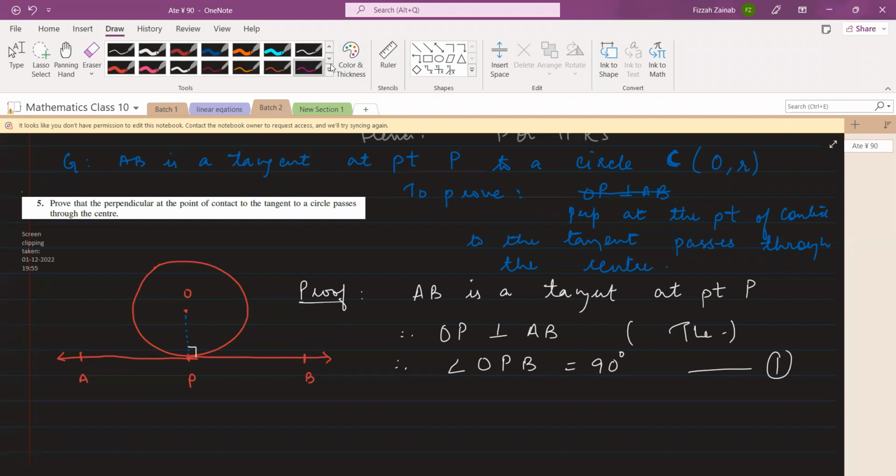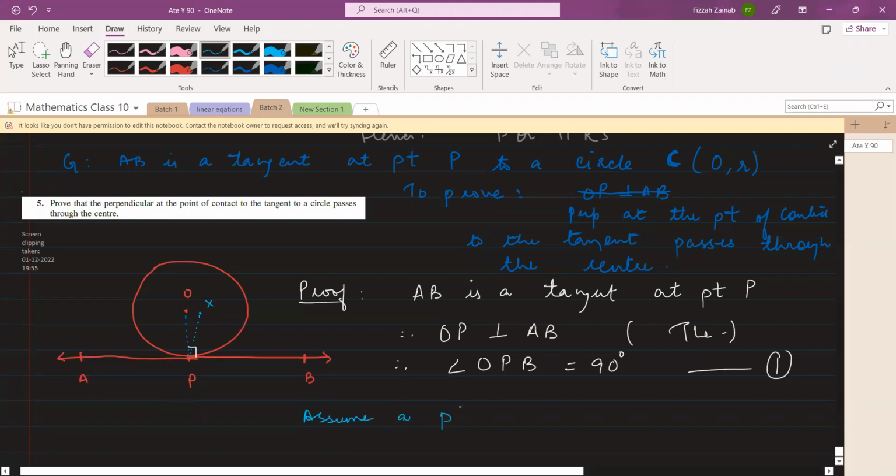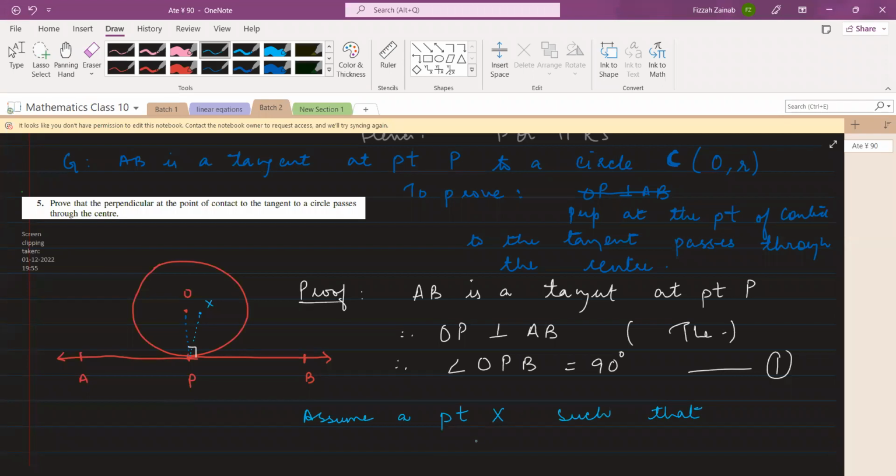Now let us assume any point X, let's say somewhere here. You join it. Assume a point X such that XP is perpendicular to AB.